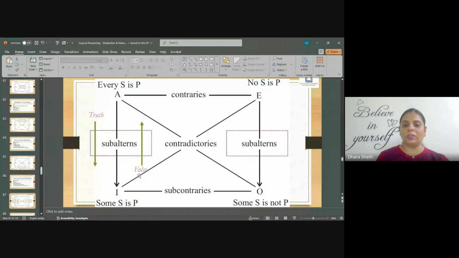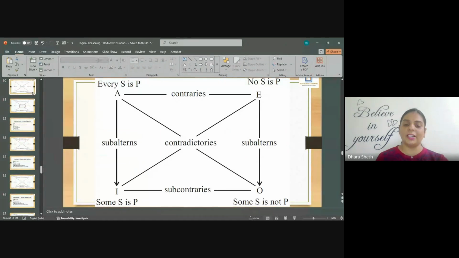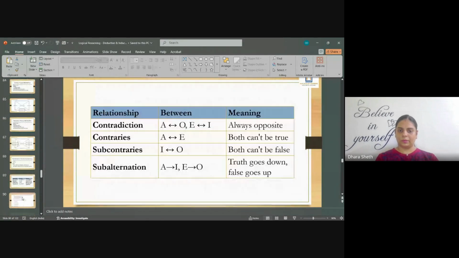Truth flows down, false flows up. This is the entire square of propositions. Clear with this entire square concept? Yep. So you can take a screenshot of this for a quick recap.